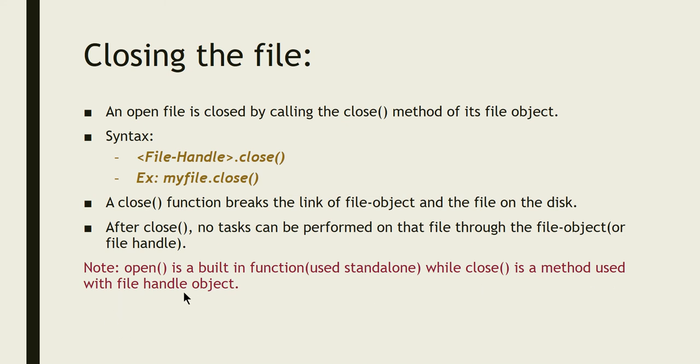You cannot call close as a standalone function, because you need to specify which file object, which link you want to break. So close is a method used with a file handle object. This is how you will be closing the file.